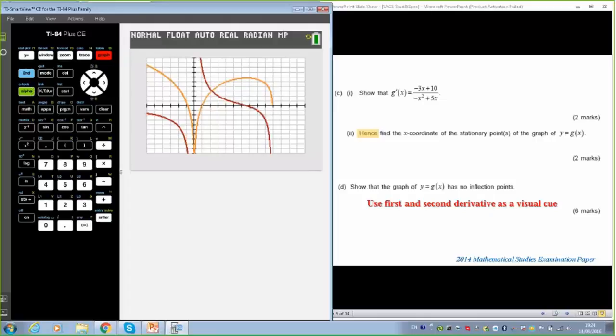If we go trace, then we can talk about, okay, here what's happening. Well, this brownish one is talking about the gradient. Well, the gradient there, if we drew a tangent line there, is positive. So that's why this brown one is on the positive side. Obviously, at the top, which was 3 1/3, it was 0.